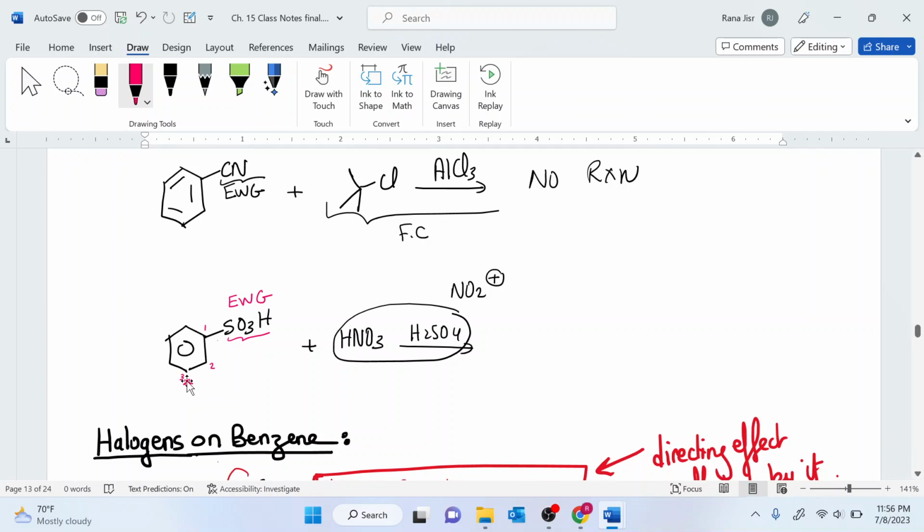This is the meta position in there. So the nitro group will be on the third carbon from the sulfonate, and you will end up getting just one product in this case. This is the sulfonic acid. It is a sulfonic acid, not a sulfonate. And then you're going to end up having your NO2 in there meta to it.